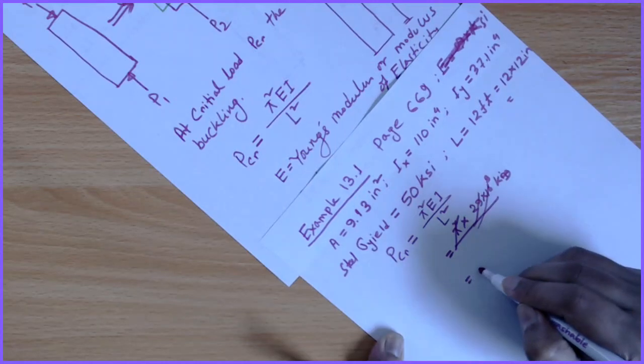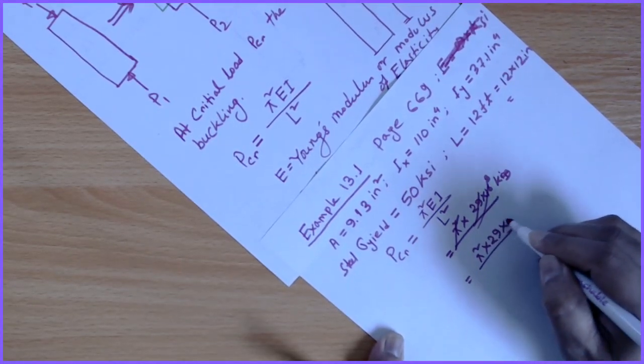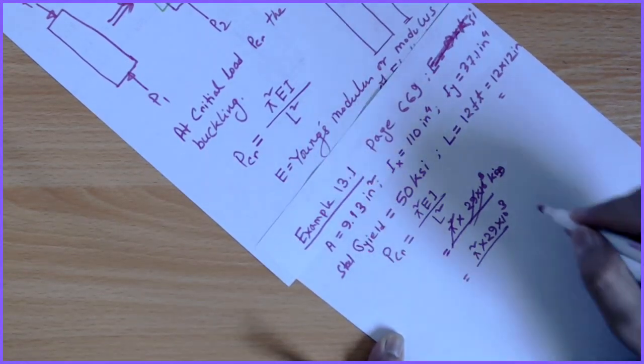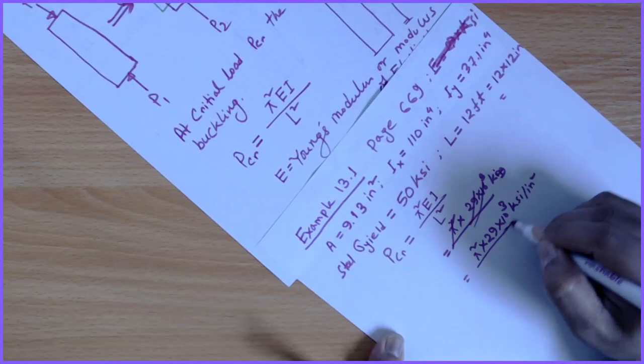So pi square into 29 times 10 to the 3 ksi.